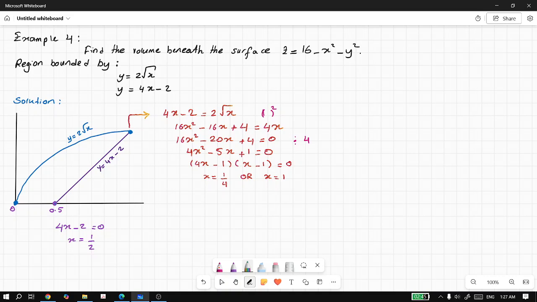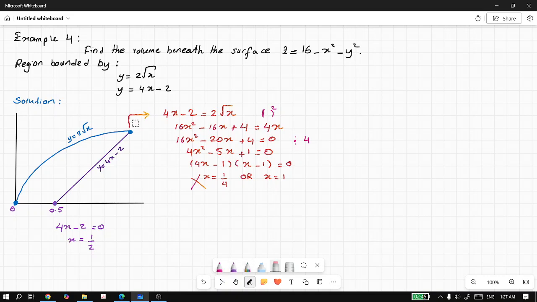x equal to 1 over 4 gives me a point here. Okay, I do not want this point here, so I'm excluding this one from the solution. I'm not using this x equal to 1 over 4. But x equal to 1 gives me the point here, which is behind the half that we have got.